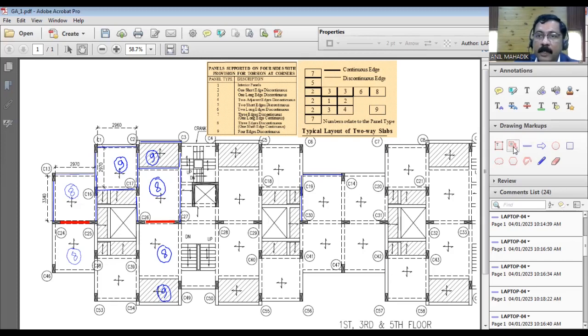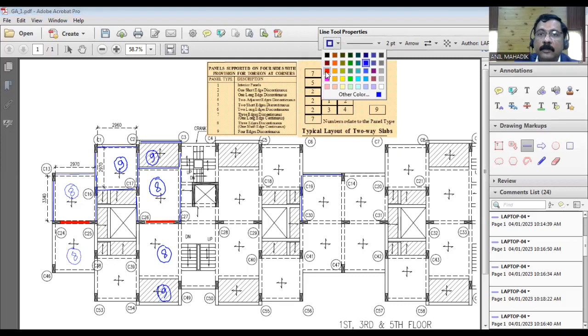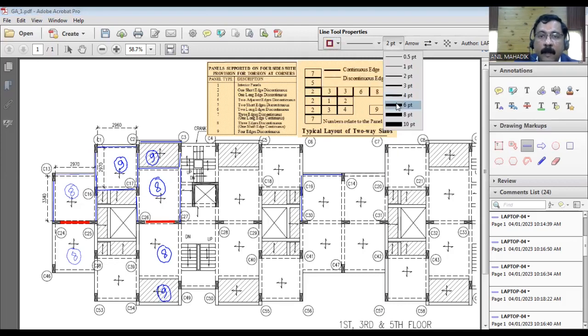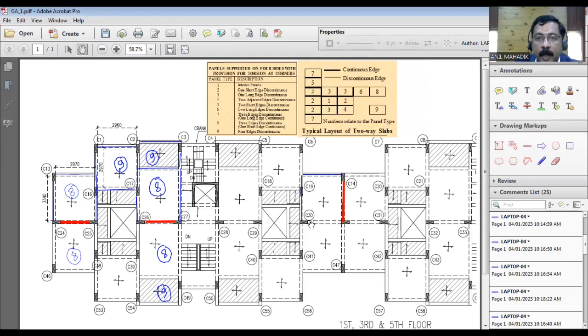Now in this case, there is a slab over here. That means I can say this is continuous. And here also there is a slab, and the slab is at one level, so it is continuous. So if you look at this, the long edge is continuous and this short edge is continuous.